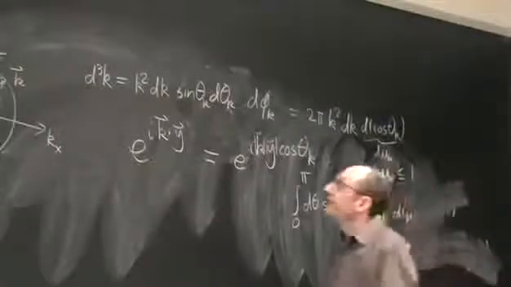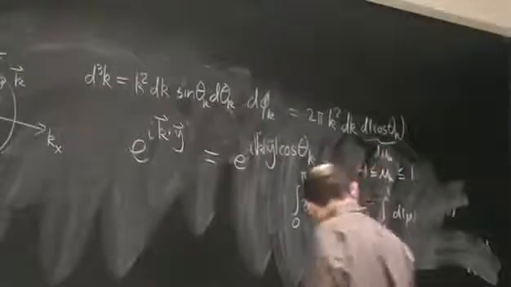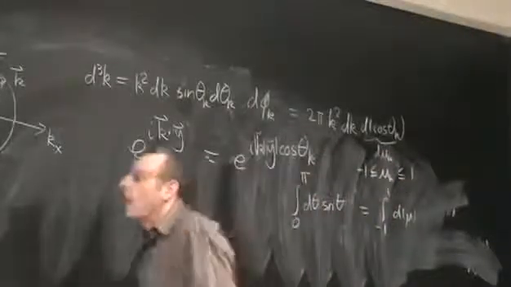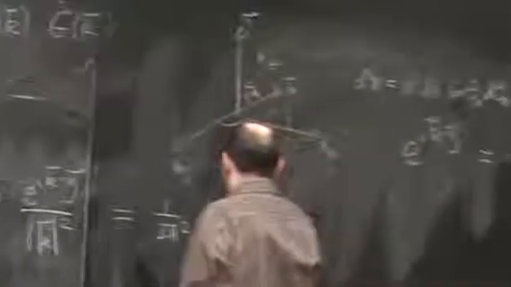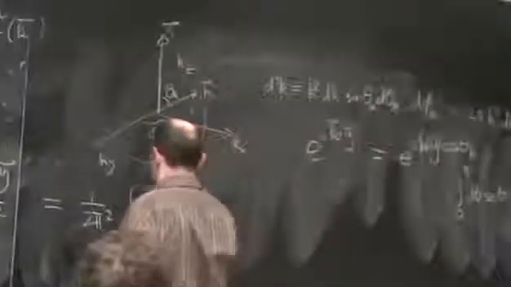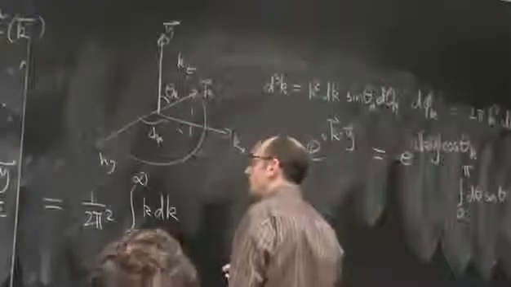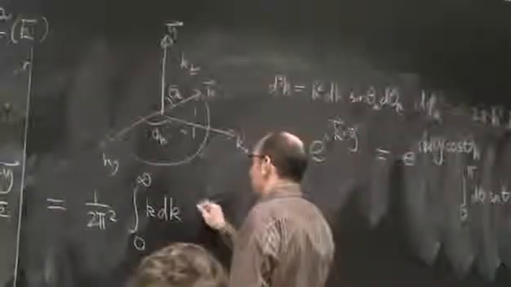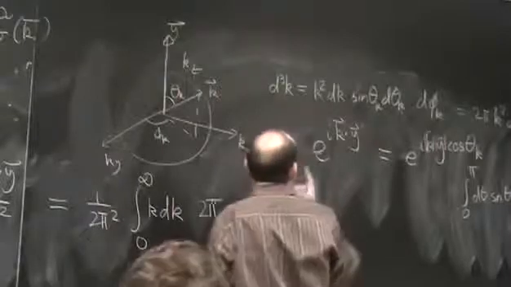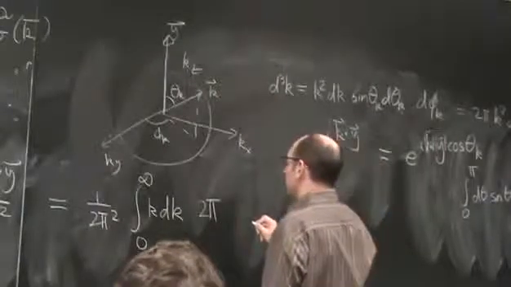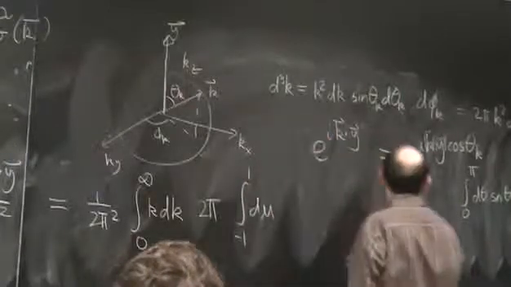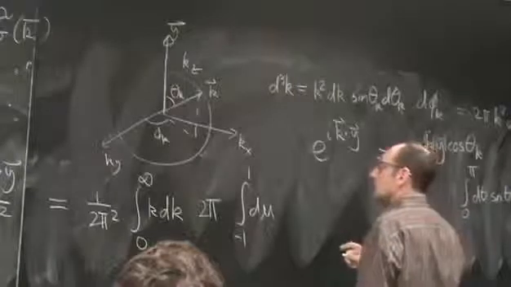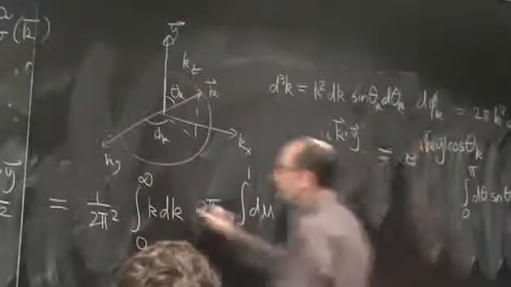All right, so with that said, what do we got? Our Green's function now is 1 over 2 pi squared times the integral k dk from 0 to infinity, times 2 pi, times the integral of mu from minus 1 to 1. That's a k squared, thank you.